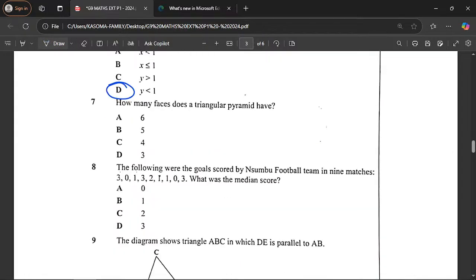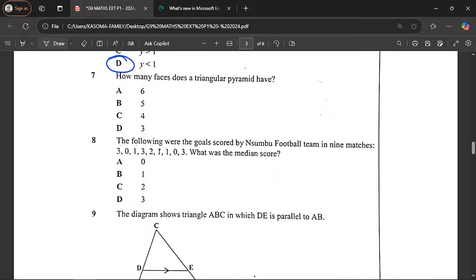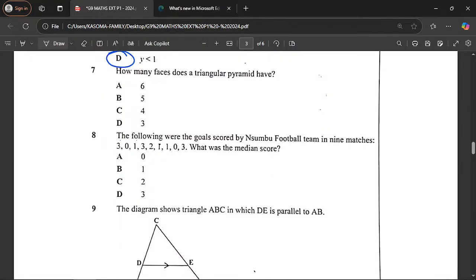Okay, the next question is 7, which is how many faces does a triangular prism have? How many faces does a triangular pyramid have? Okay, so tell me how many. Just count the faces of the triangular prism.